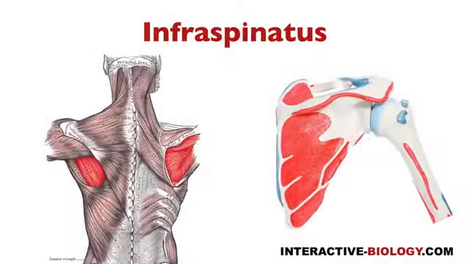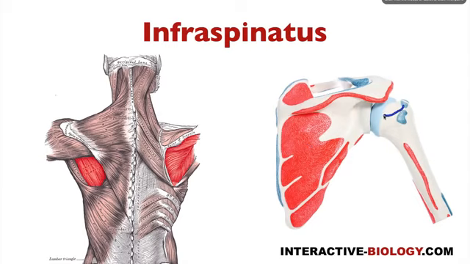So let's move on to the next one, which would be infraspinatus, and you can see that here, and it's originating from the infraspinous fossa, and then it's going to insert on the middle facet of the greater tubercle of the humerus. So we're going from origin to insertion. Now, what's going to happen when that muscle contracts?